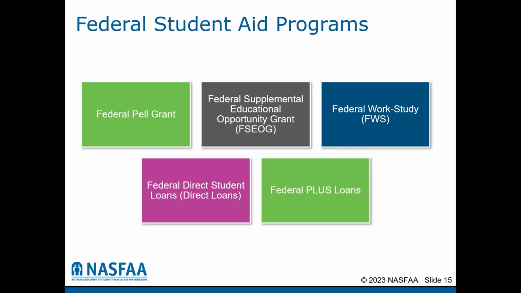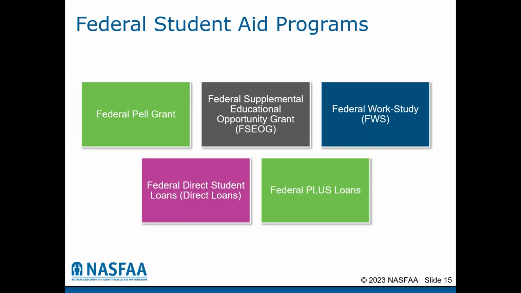The second type of federal funds we will talk about is the Federal Supplemental Education Opportunity Grant, or FSEOG. This grant is a need-based grant. Typically, a student needs to be eligible for a federal Pell Grant in order to have eligibility for an FSEOG grant.